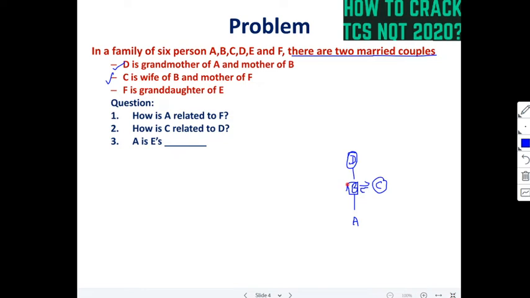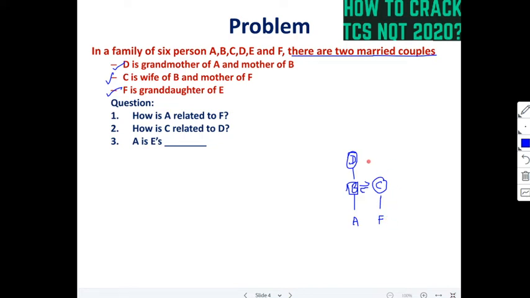C is wife of B and mother of F. Mother of F. Now what is the relationship between these two? We will finish off the chart and come to that. F is granddaughter of E.